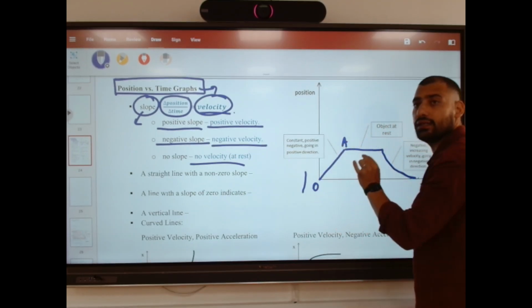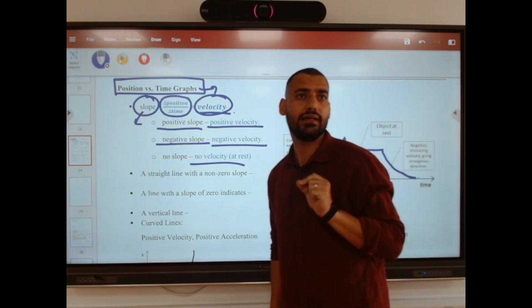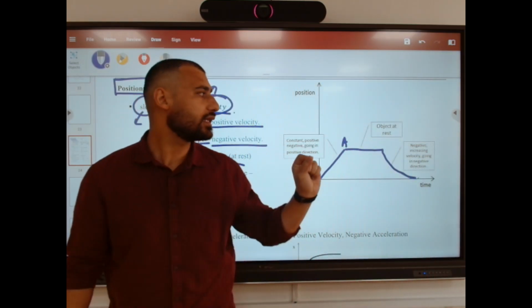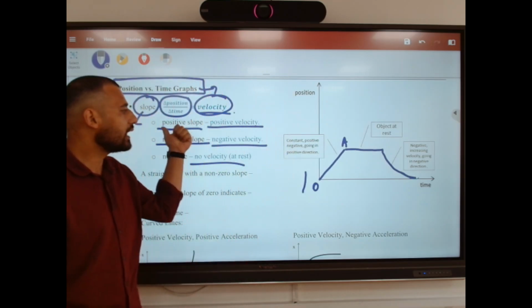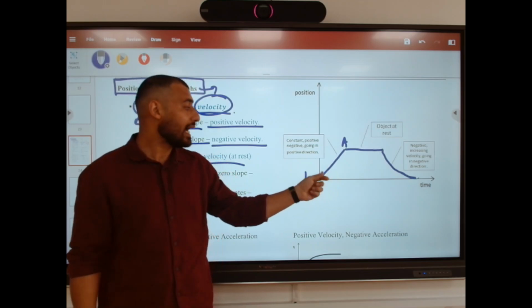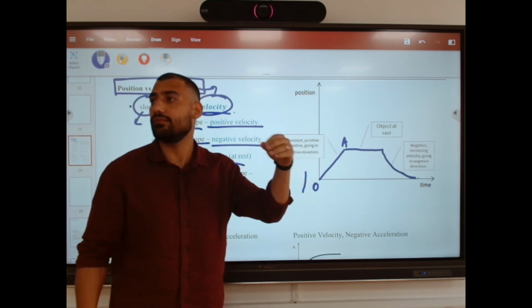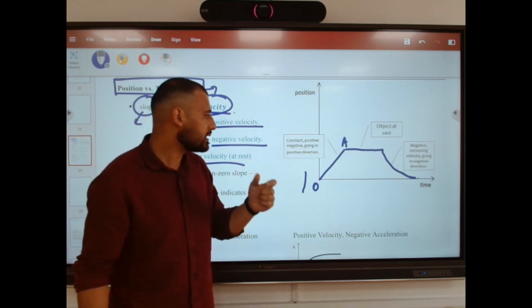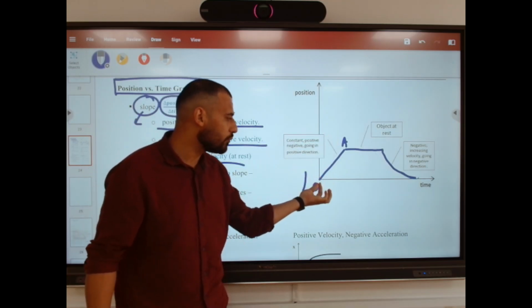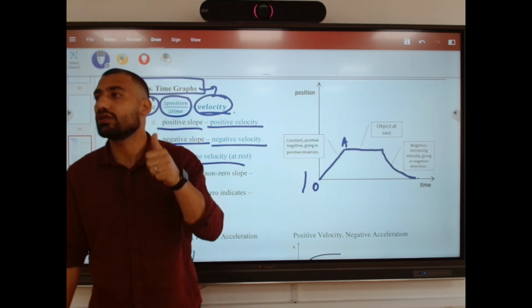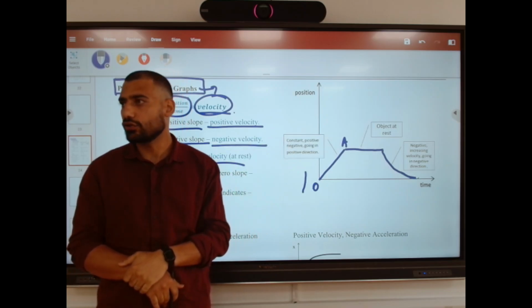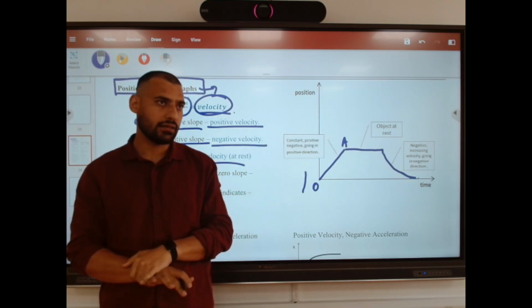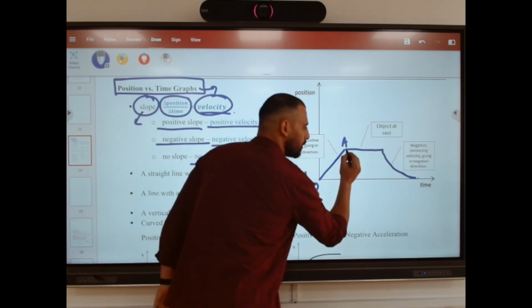At every point the slope is constant, and at every point the line is going up. So when the line is going up, it means positive slope. And the slope at every point is the same, therefore it is constant. So can I say in the first part, from O to A, the velocity is positive and it is constant? Yes or no? Yes. Is it clear?